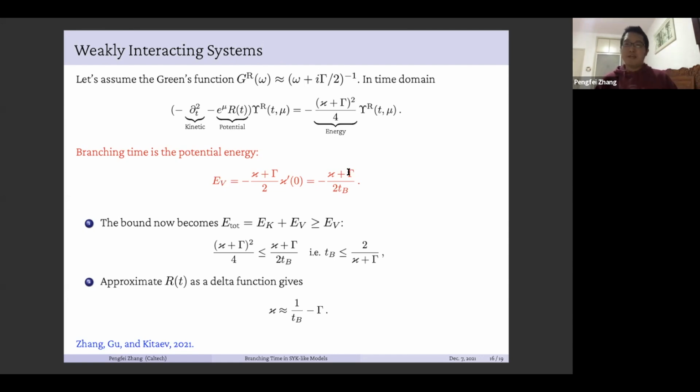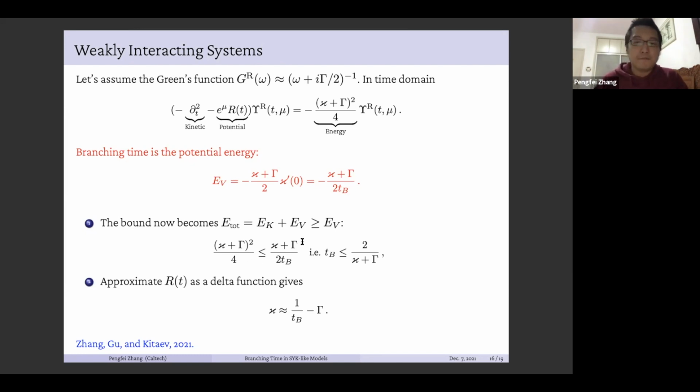In this special case, there is a very simple way to derive the bound for the branching time. We know the total energy will be larger than the potential energy. The reason is it's a summation of the kinetic energy and the potential energy. However, the kinetic energy is the expectation value of some operator that is positive semi-definite, so its expectation value will be larger than or equal to 0. As a result, the total energy will be larger than or equal to the potential energy.